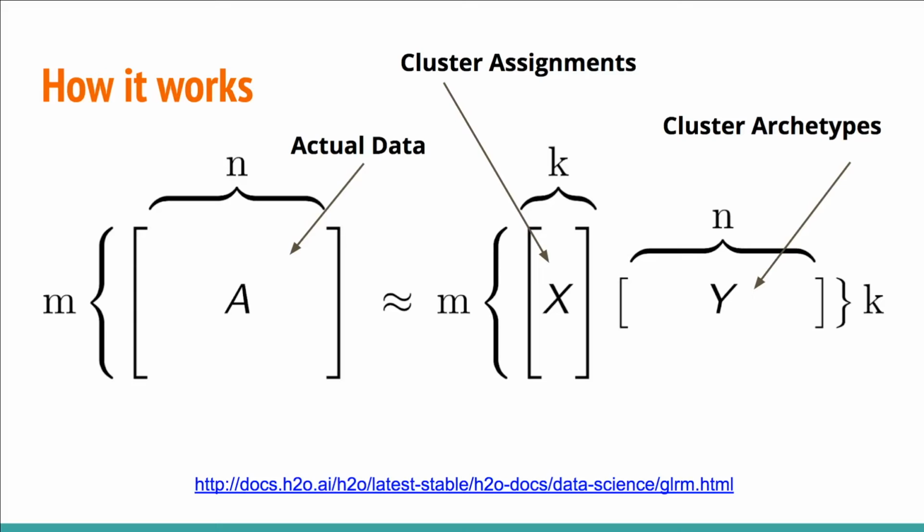So that's why there's K rows and N columns. If you were to take the top row in Y, that would be one archetype or one persona that describes an independent subset of your customers. Now, the key thing here is this little tilde that says approximate. So you want to find this clustering scheme on the right that best approximates your data on the left.